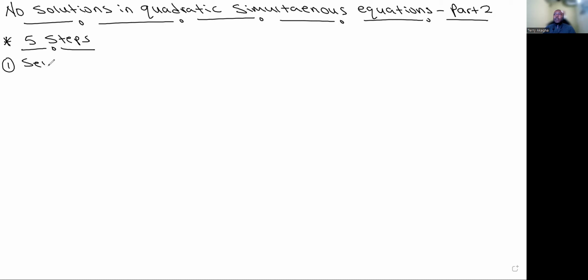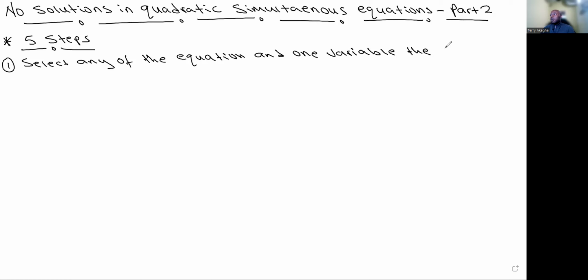So I told you that you have to select any of the equations, all right? Select any of the equations and make one variable the subject of the formula.